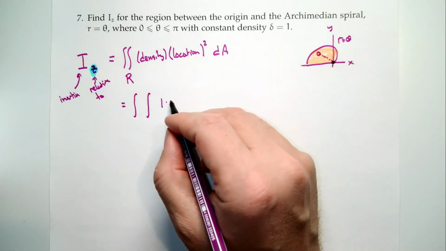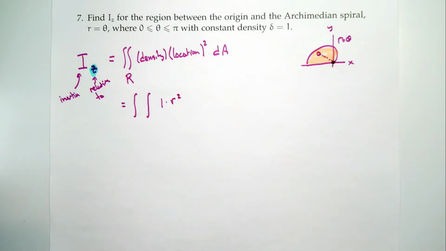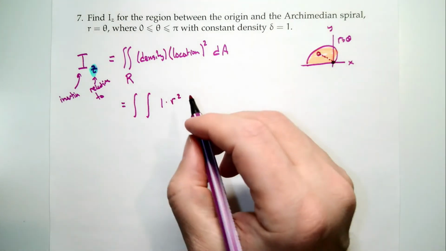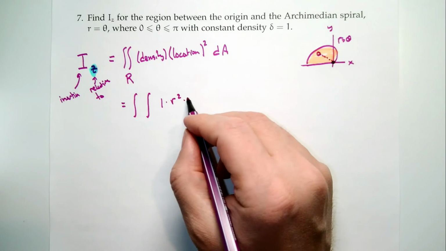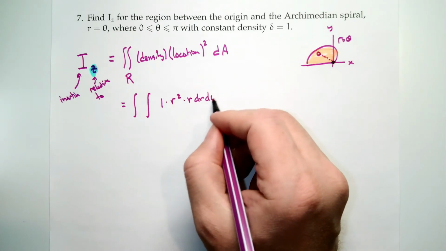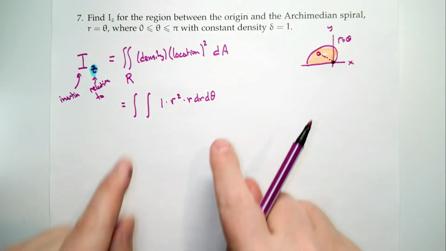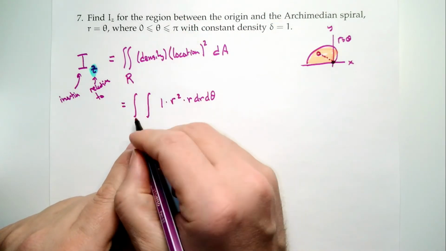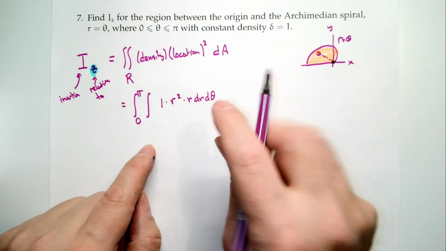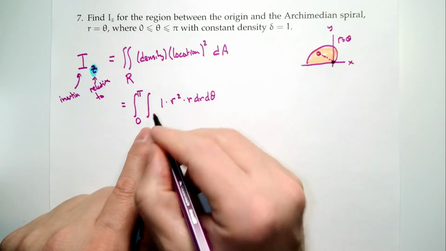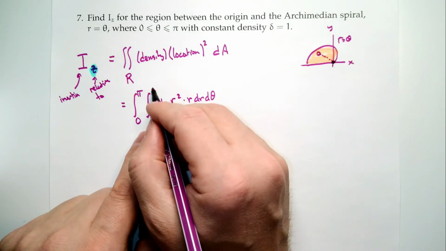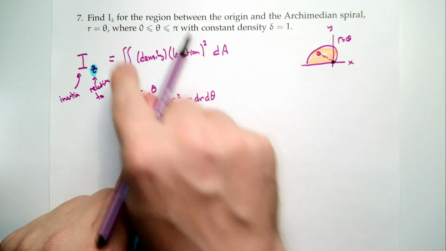Well, it's r squared, because the distance is r. dA is r dr d theta. Theta goes 0 to pi. r goes from 0 to theta, because we're going out to r equals theta.